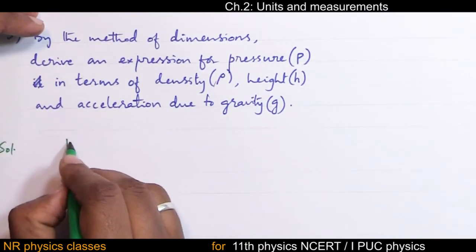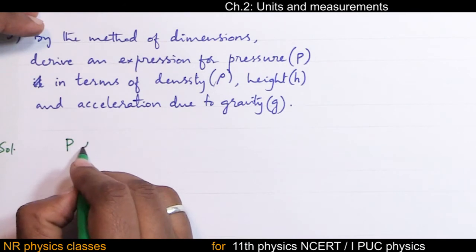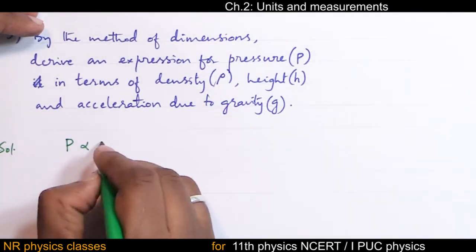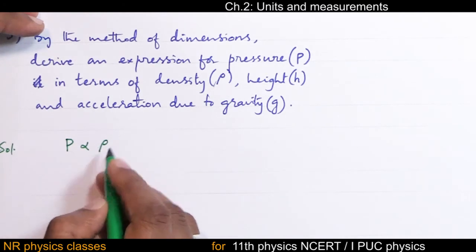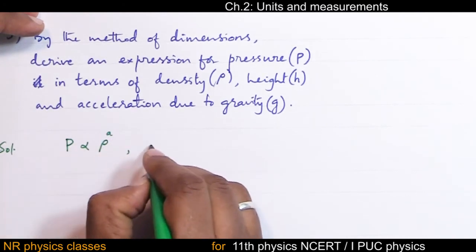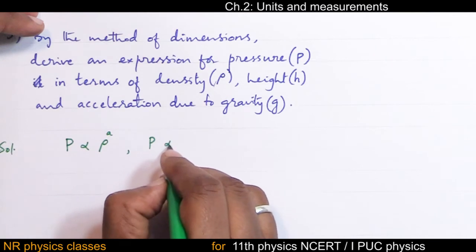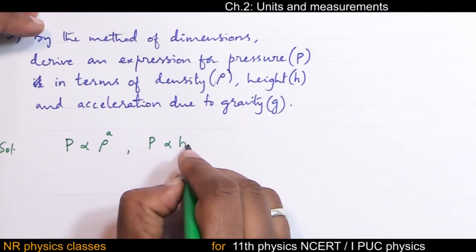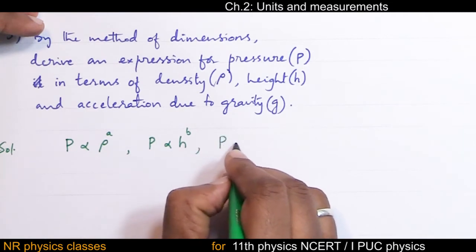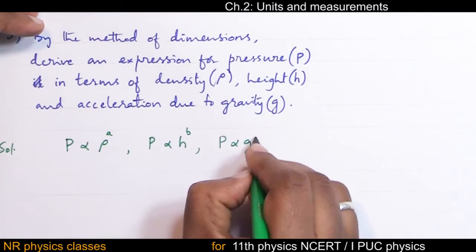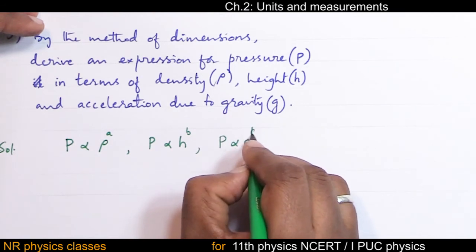Now pressure P is proportional to density rho power A. Pressure is proportional to height power B. Pressure is proportional to acceleration due to gravity power C.